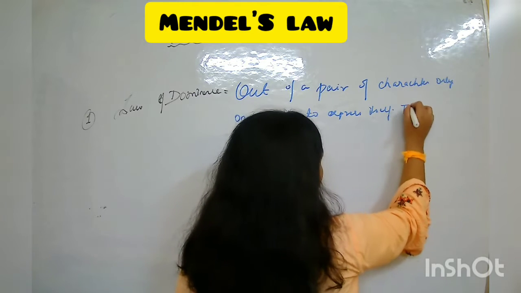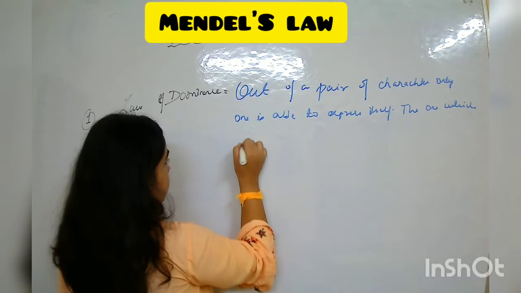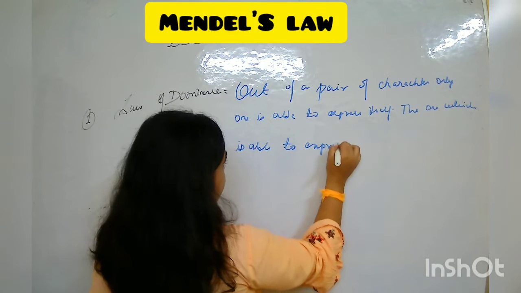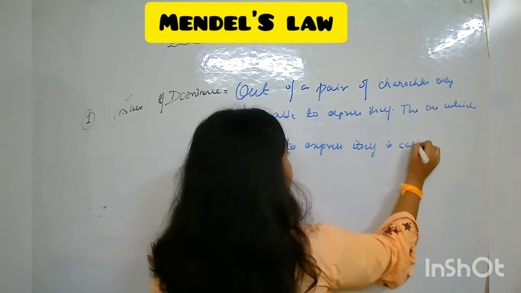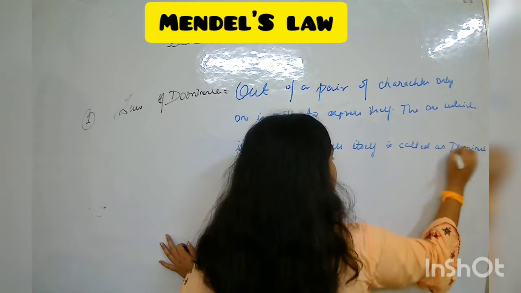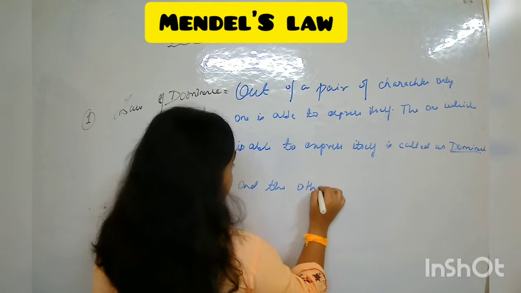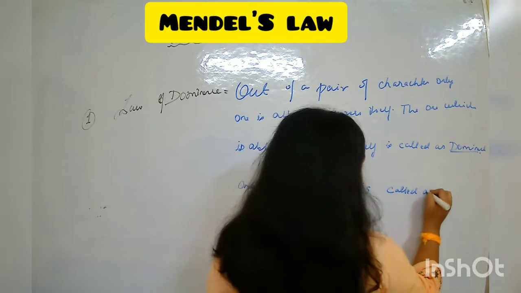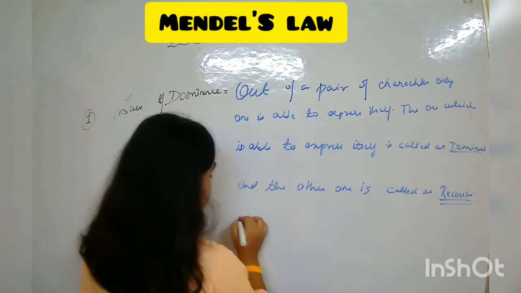The one which is able to express itself is called dominant, and the other one is called the recessive character.